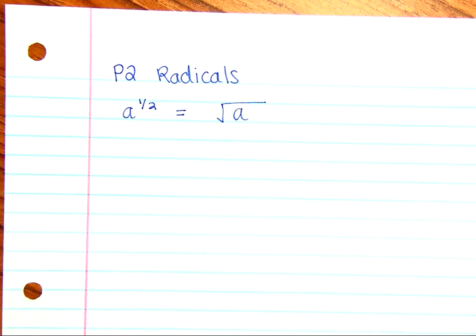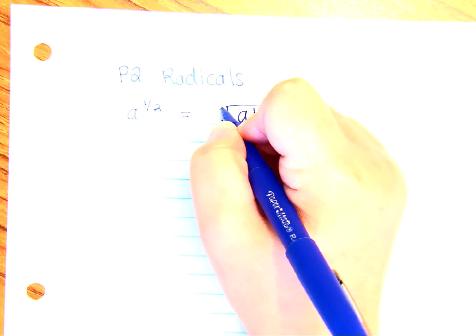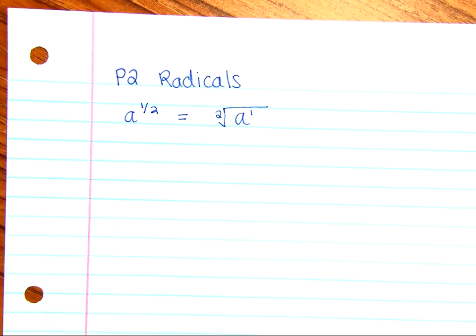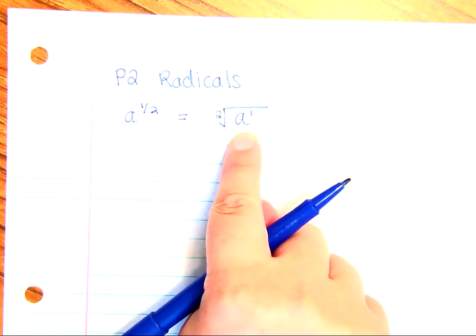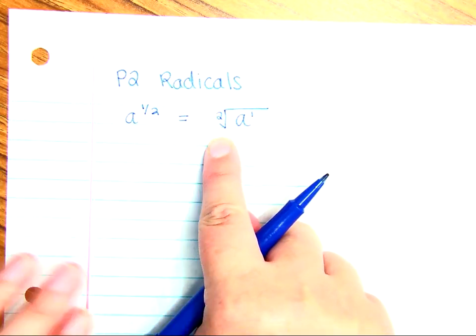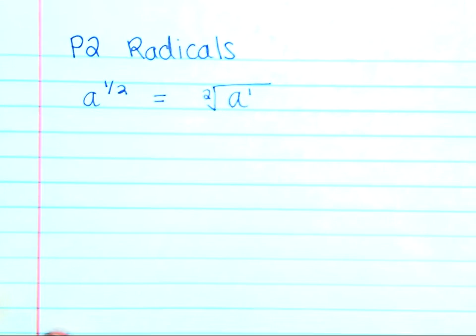Your 1 is still your exponent, and your 2 is your number outside your radical. Now typically you would not express this 1 as a to the first power, we know that. And you would not necessarily express that 2, because we know that's a square root, which is typically just written as the square root of a.